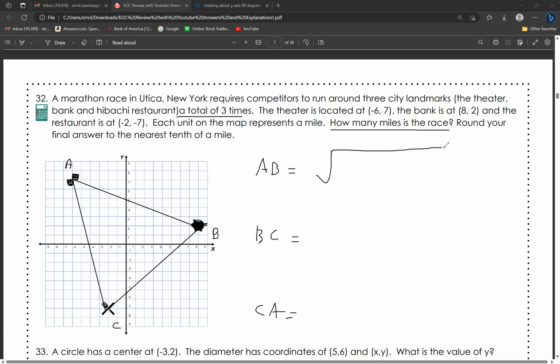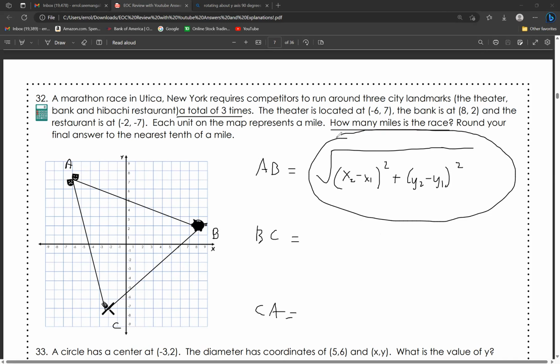You're going to do X2 minus X1, squared. I think it's subtraction. Is it? I think it's add, and then Y2 minus Y1, squared. Okay, I see. Because it says on the reference sheet right here, the distance formula. Yeah, it's like that. So same thing for this one, and then same thing for that one, right?